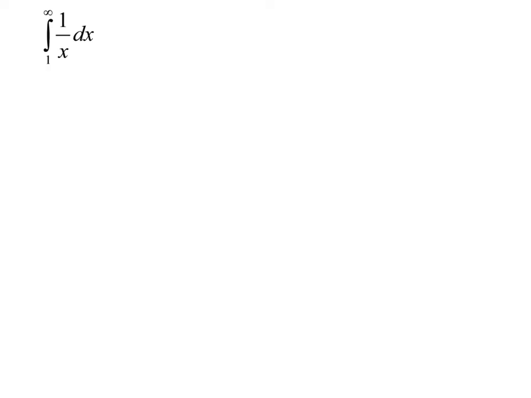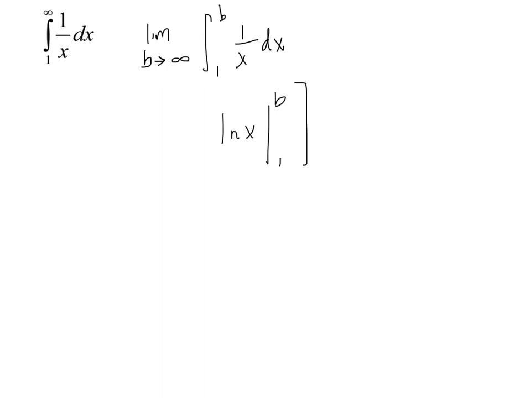In this example, the notation would be that we're doing the limit as b approaches infinity of the integral from 1 to b of 1 over x dx. The antiderivative of 1 over x is the natural log of x, evaluated at b and 1, with the limit as b approaches infinity.